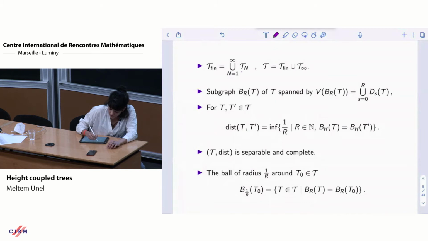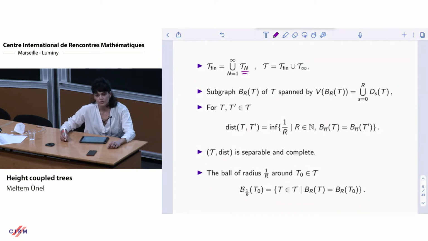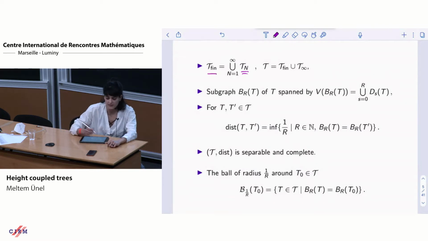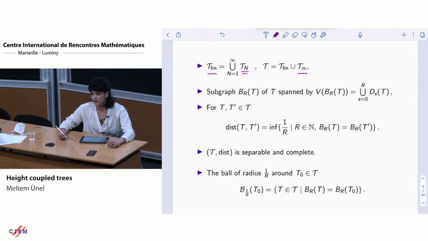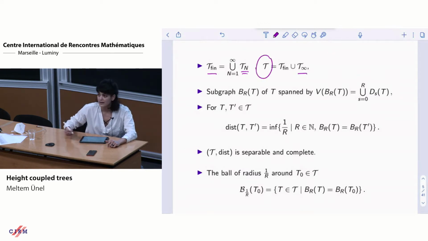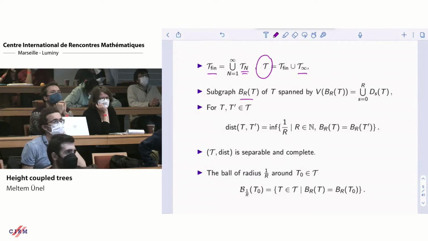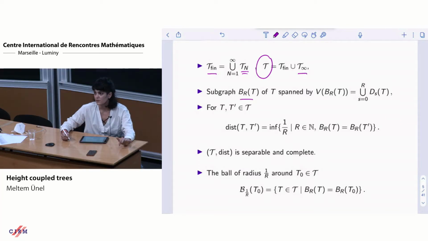The planar rooted trees of volume n, which means the number of edges is equal to n, I denote by T_n. The set of finite trees I denote by T_fin, and taking the union with the set of infinite trees, I denote the whole set by T. And B_r(T) is the subgraph of T spanned by the vertices that are at distance at most r from the root. By distance, I mean the graph distance. Then I can put a metric on this space, which will make it a complete and separable metric space.